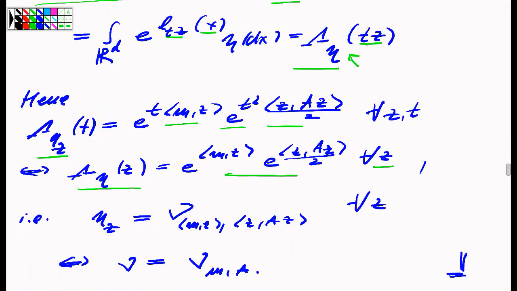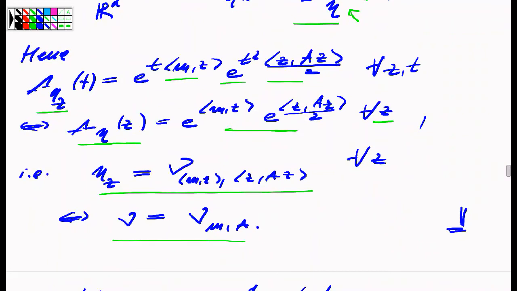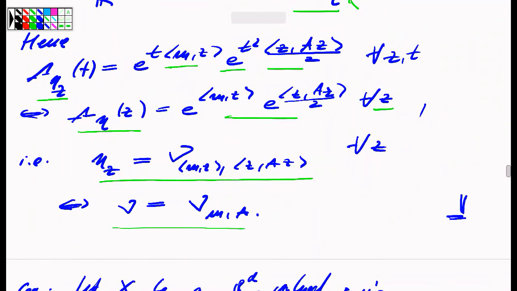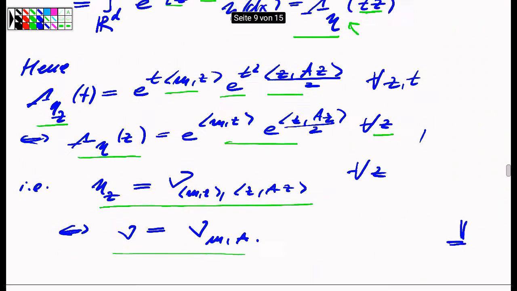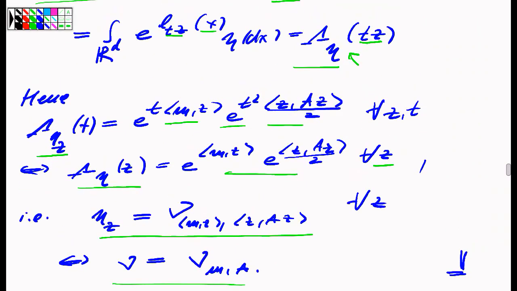So in other words, if the projected measure is this measure here, then the non-projected measure must be the measure with these specifics, just by this one-to-one correspondence between Laplace transforms and measures, and the possibility to write the Laplace transform by using the fact that it is in fact already dealing with projections into one-dimensional subspaces.